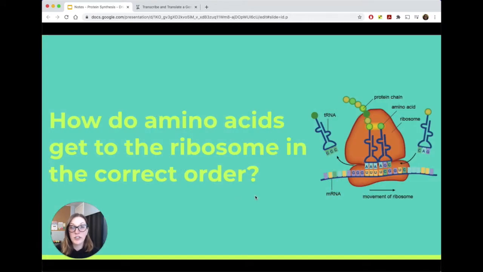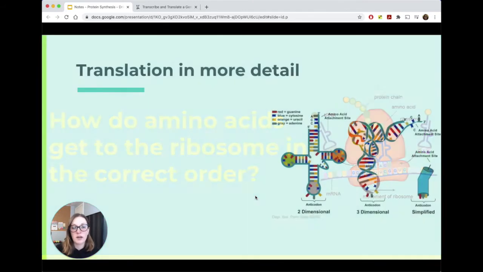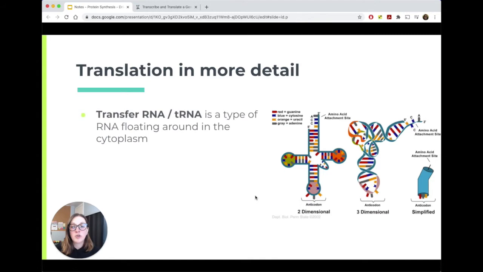So how exactly do the amino acids get to the ribosome in the correct order? This is where another really important type of RNA comes into play. Transfer RNA is shortened to tRNA, and it is a type of RNA floating around in the cytoplasm. It's a single-stranded RNA sequence that is bound to itself in this conformation, and it actually looks like a T shape.